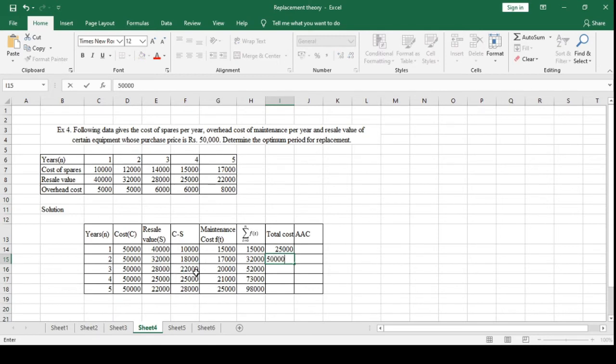For the third year 22,000 plus 52,000, so your answer will be 74,000. For the fourth year 25,000 plus 73,000, so your answer will be 98,000. And for the last year 28,000 plus 98,000, so your answer will be 1,26,000.